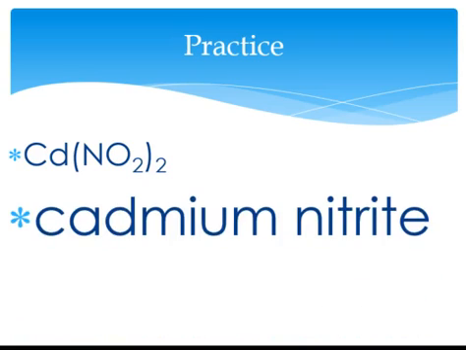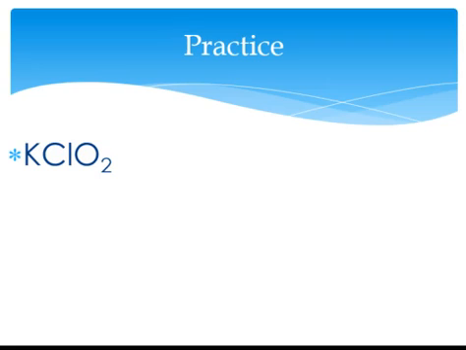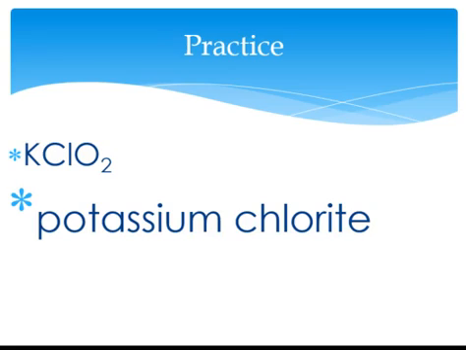Cadmium nitrite. Cadmium is not a liar. There are no Roman numerals. Next problem. Pause the video and come back for the solution. Potassium chlorite. Potassium is not a liar, so it does not have Roman numerals. Potassium chlorite.